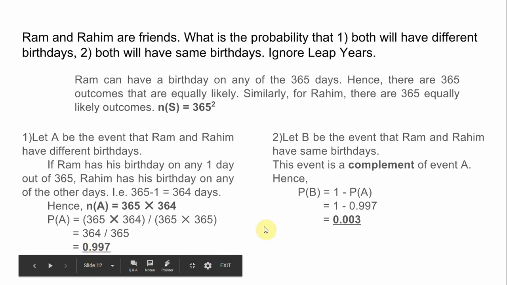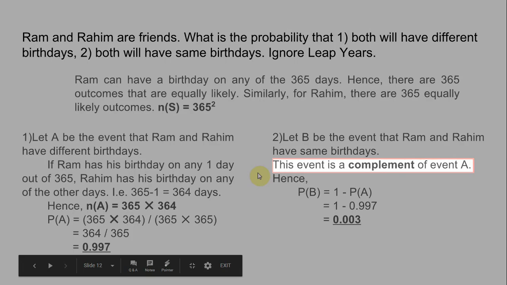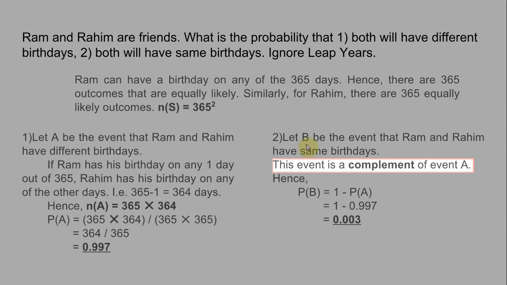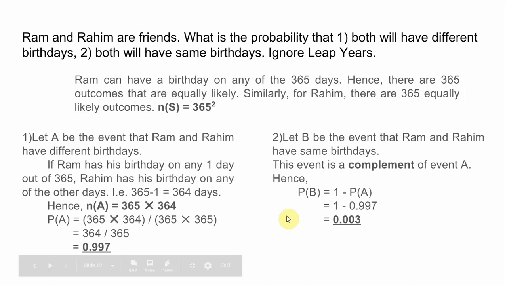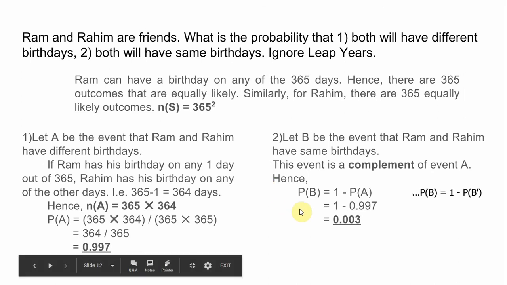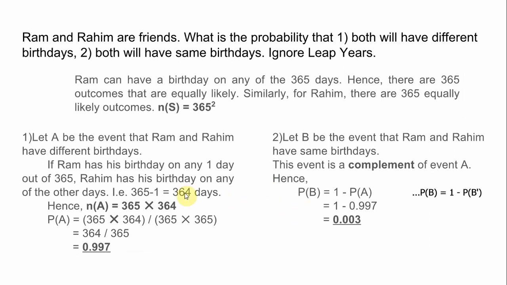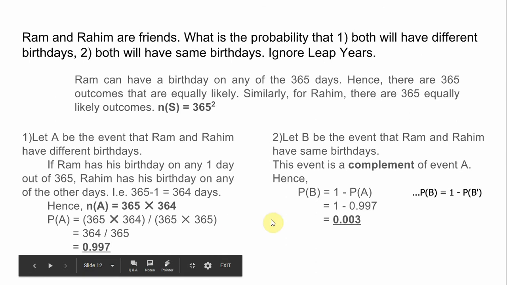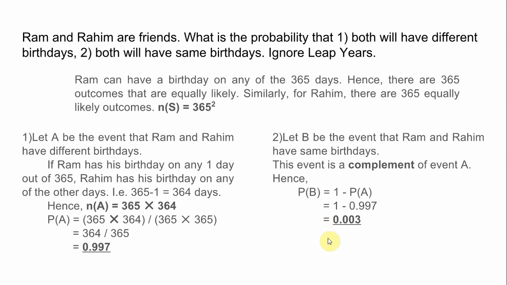Let B be the event that both the friends have the same birthday. Notice that this event is a complement of the earlier event. Hence, the probability will be 1 minus the probability of the earlier event, that is 1 minus 0.997, that is 0.003.